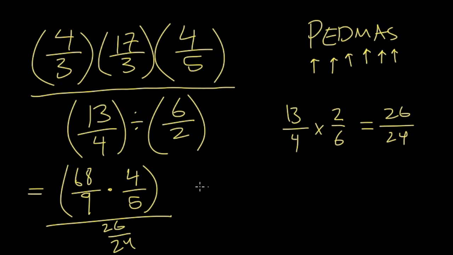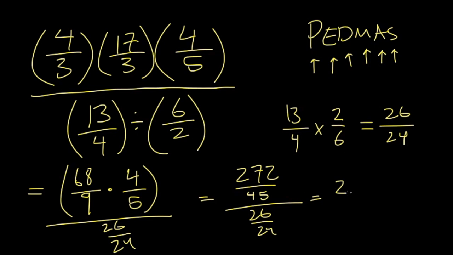26 over 24. Here I would do 68 times 4, which would give me 272, over 9 times 5, which is 45, all of it over 26 over 24. Now, this line here, showing it as a fraction, can be rewritten as simply 272 over 45 divided by 26 over 24, meaning it can also be rewritten as 272 over 45 times 24 over 26 by taking the inverse of the denominator.